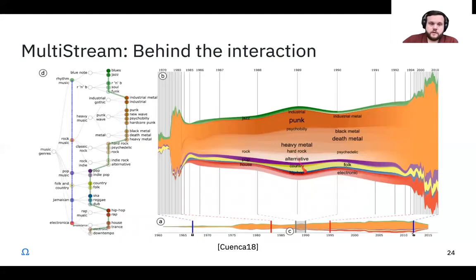Going a bit behind the interaction, here we have this visualized more explicitly. As I said, text analytics is highly related to graph visualizations, because this would be our topical tree. This is the root, music genres, and then we have rhythm music, rock music, pop music, and so forth, going all the way to the leaf level genres.